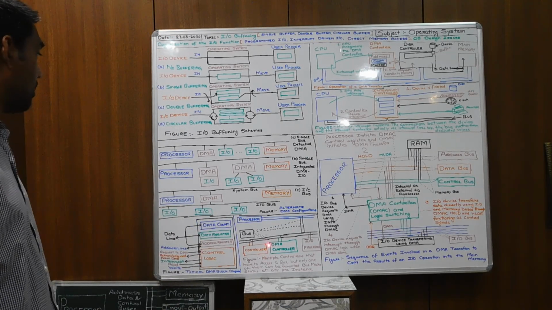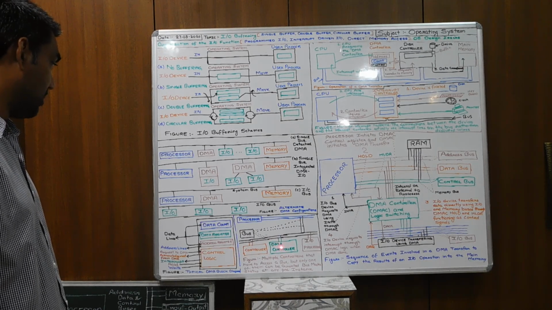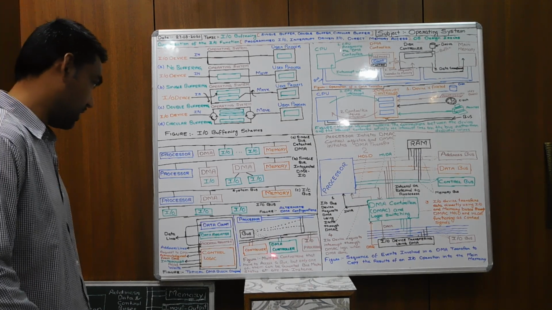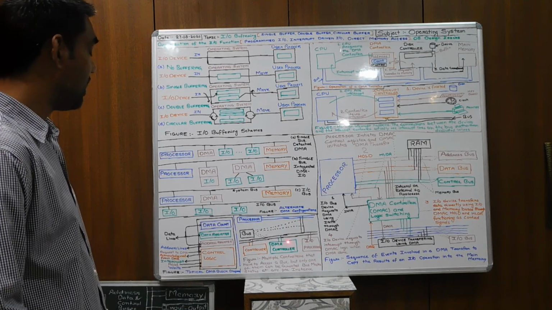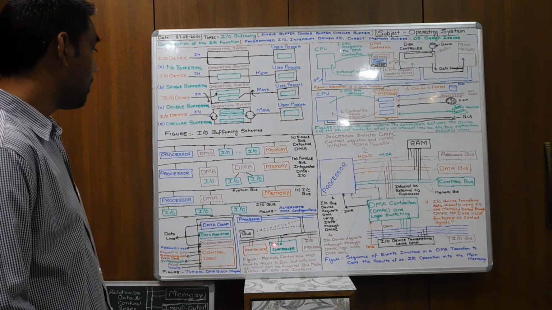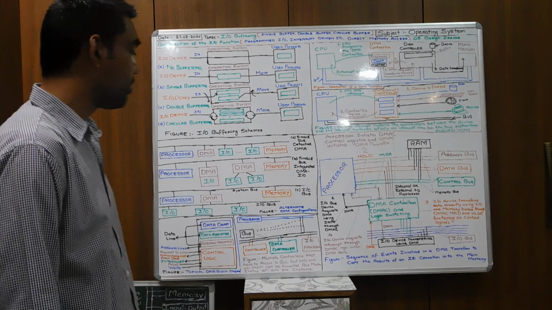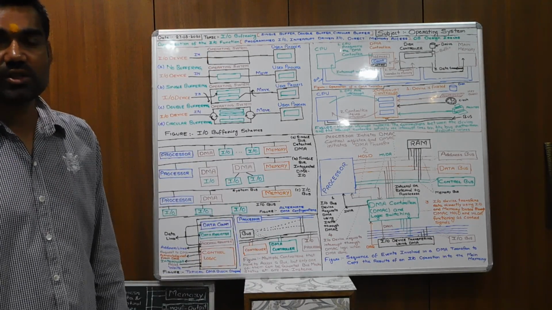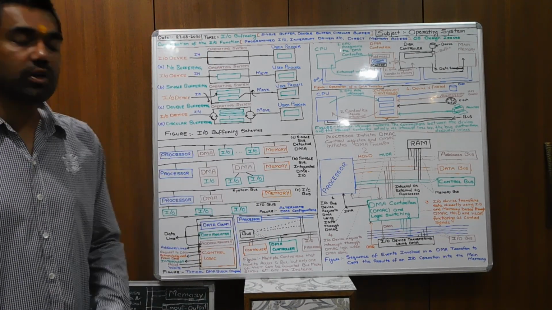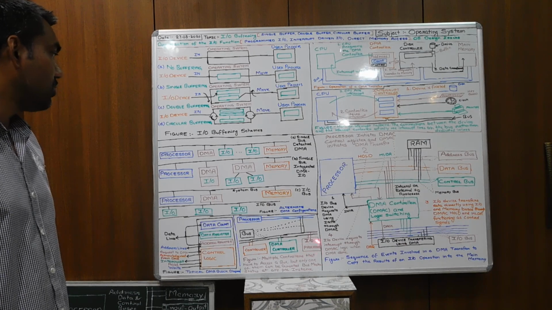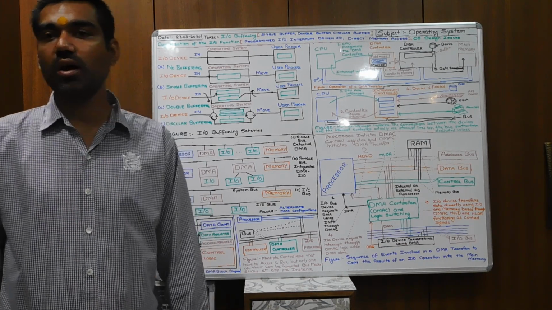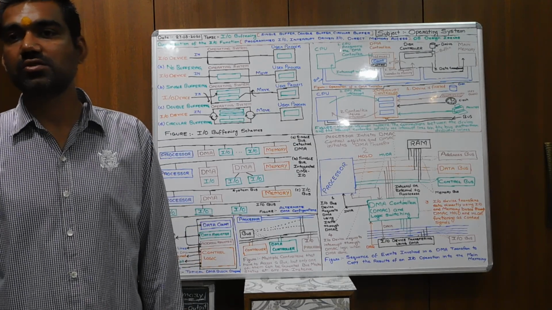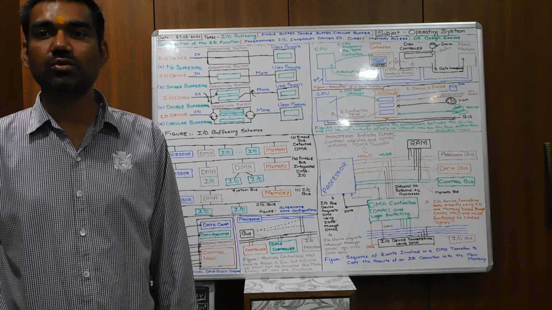Here we have a controller, then the DMA controller, then the IO processor. In the previous demonstration, I was speaking of the differences between the DMA controller and the IO processor. The similarity between these two is that both these constructs allow the IO device to have direct access to the memory.